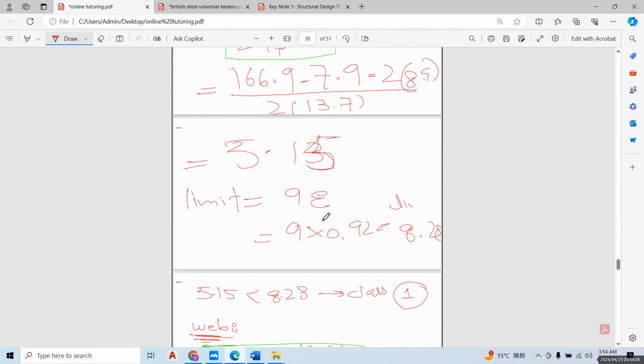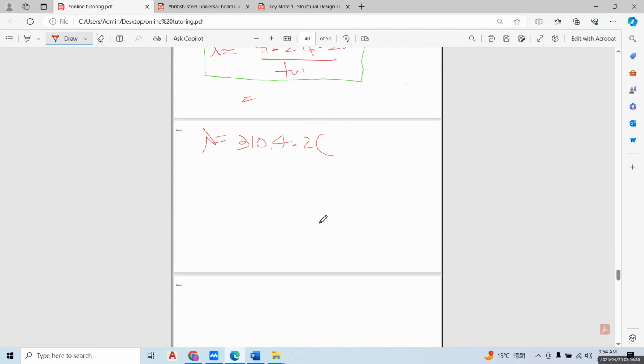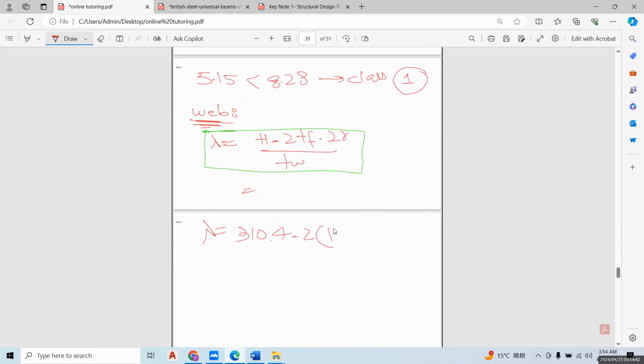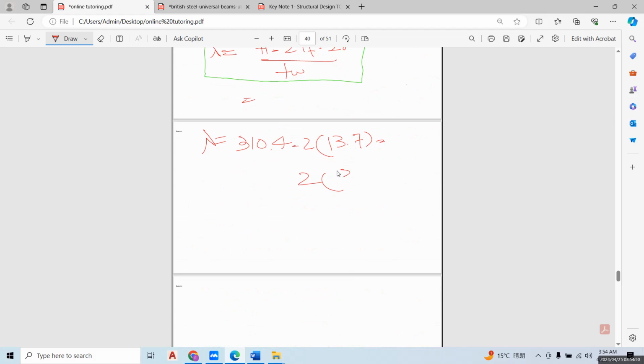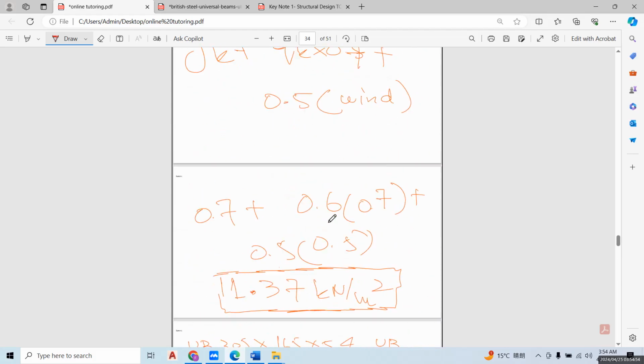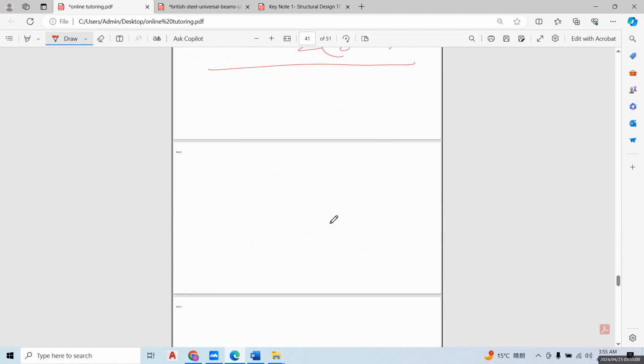So thickness of flange, I think, is 13.7, minus 2r, the value of r is equal to 8.9, divided by thickness of web. So thickness of web is equal to 7.9.